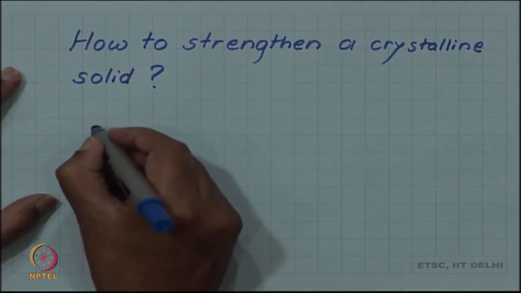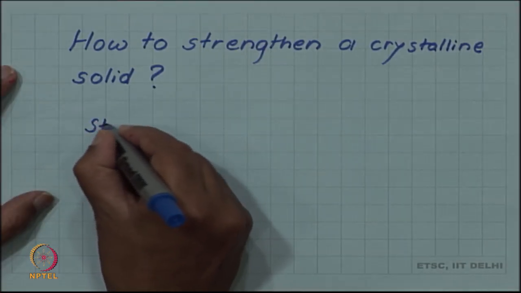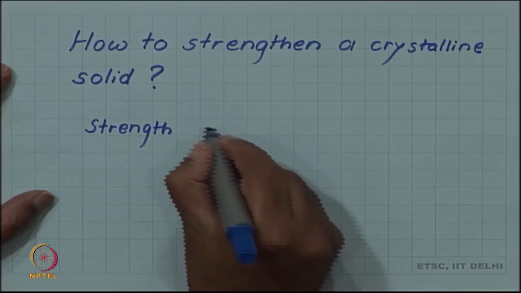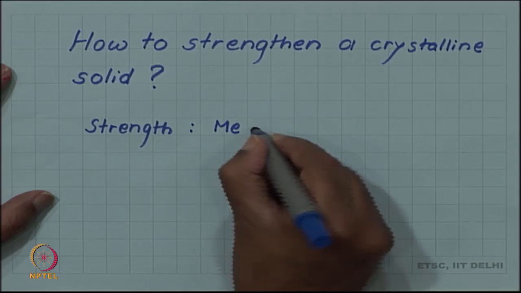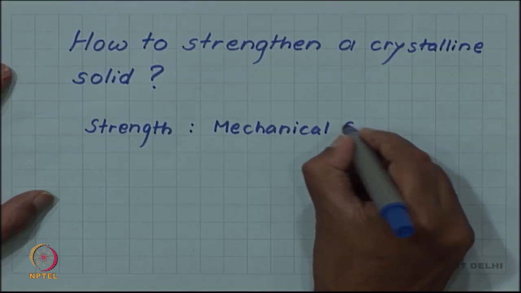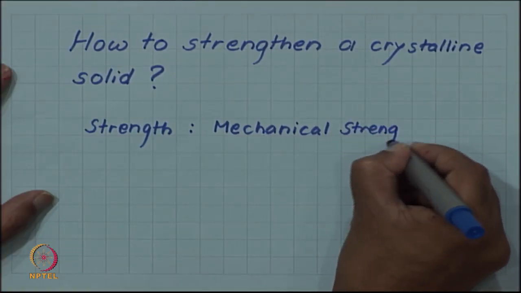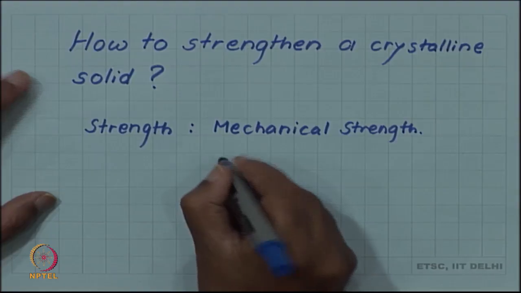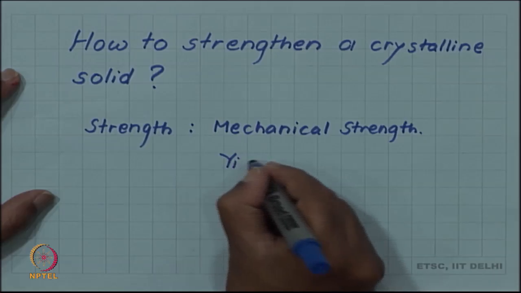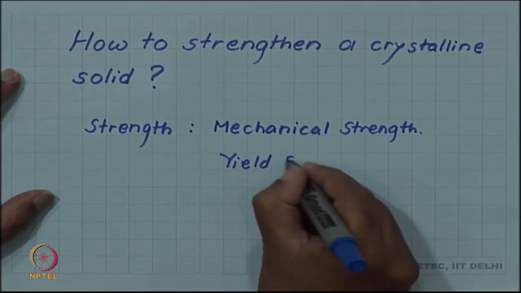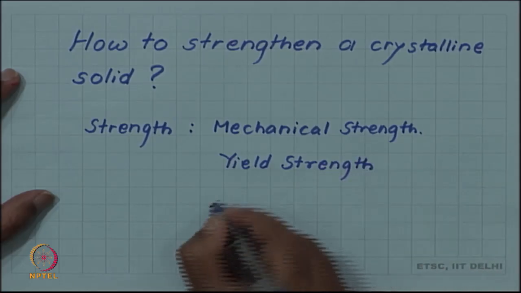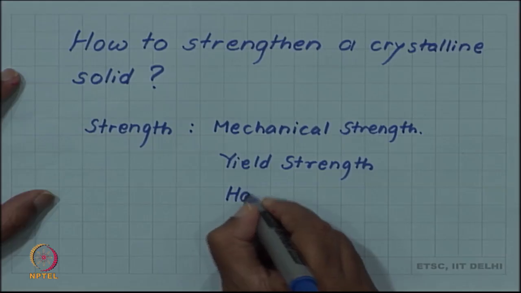By strength here we mean the mechanical strength, as measured, let us say, by uniaxial tensile test, which will give yield strength, or an indentation test, which will give us hardness.